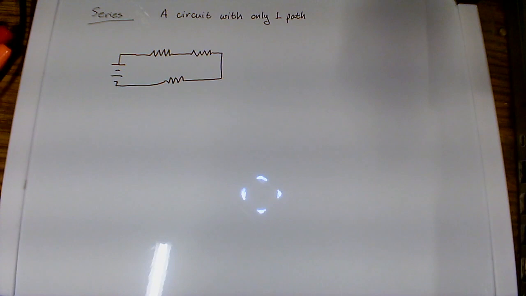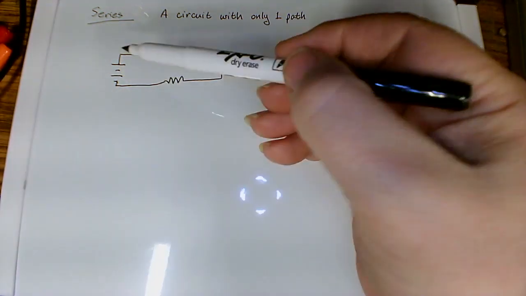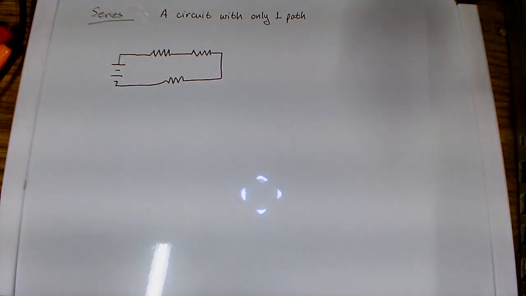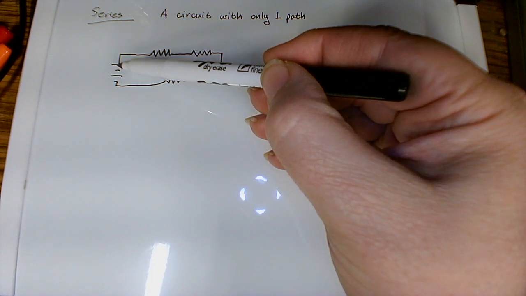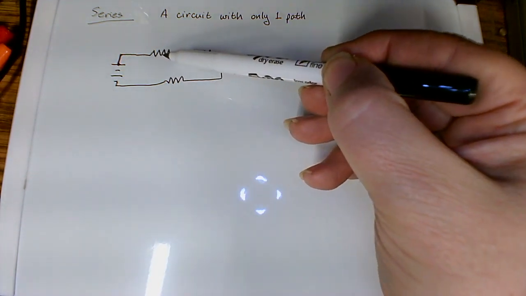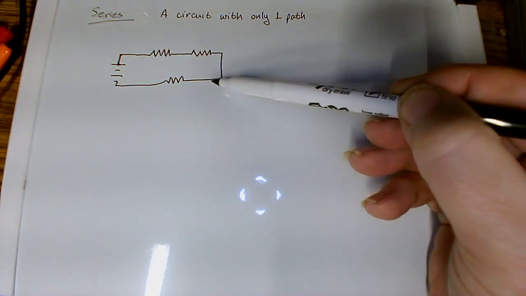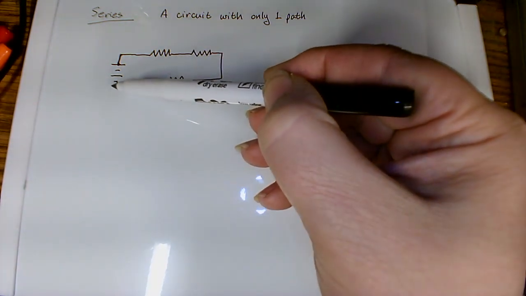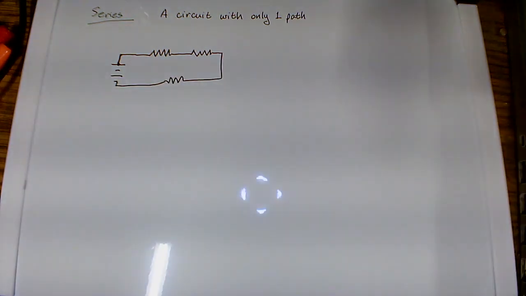Now, this is an example of a series circuit, and what it's showing us here is that we have a single path. In fact, if I take my pen, I can follow from the one point of the battery all the way around and never lift my pen. And that's one of the key tests you can do that quickly tells you if this is a series or parallel circuit. It's got one path, it's a series.